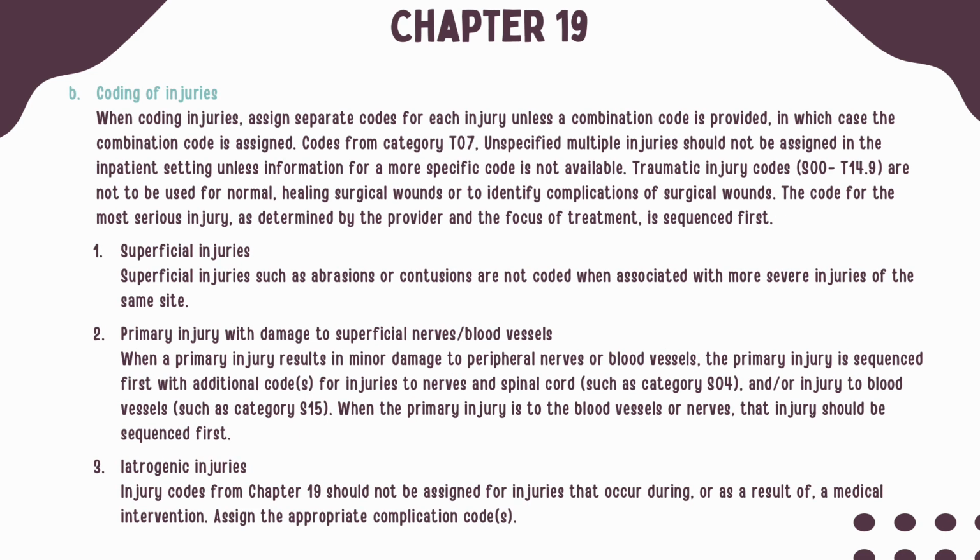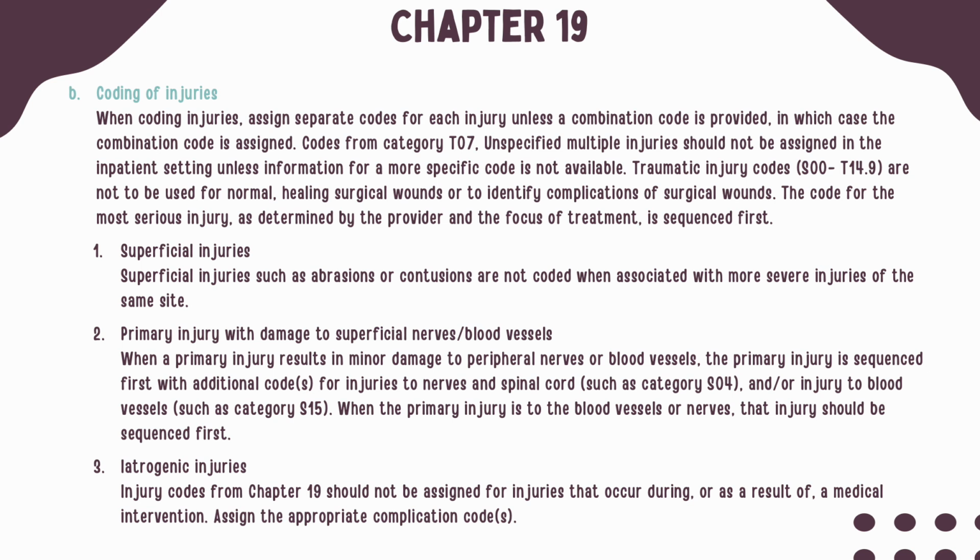When coding for injuries, separate codes should be assigned for each injury unless there is a combination code available. Codes from category T07 for unspecified multiple injuries should not be assigned in the inpatient setting unless information for a more specific code is not available. Traumatic injury codes S00 through T14 should not be used when a normal healing surgical wound is present or to identify complications of a surgical wound.